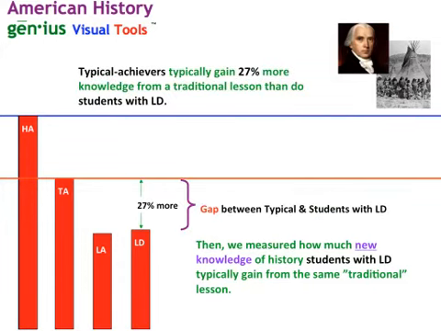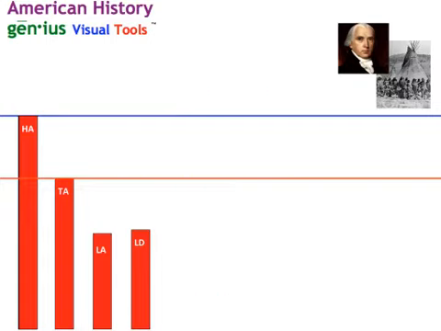And so now we get a sense of how much learning occurs when traditional instruction is used across these different types of students. Then we looked at what the differences were when the teachers used the Genius history visual tools and what happened relative to the traditional instruction.